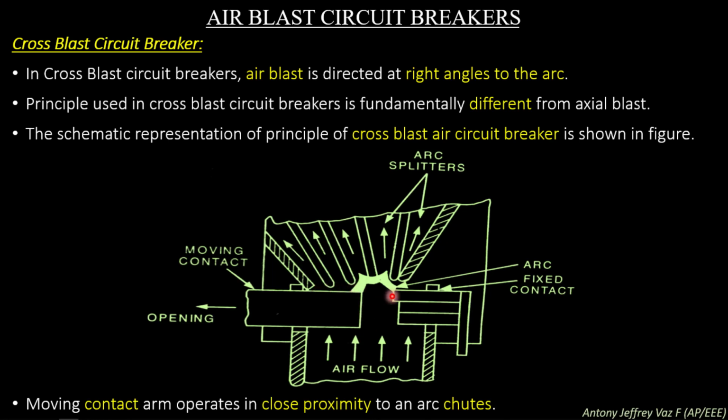So when an arc is struck between the fixed and the moving contacts, at once the moving contact will be opened in this direction. So the arc which is formed is easily in proximity with the arc chute. At the same time, the compressed air is flown radially so that the arc is blown into the arc chute.